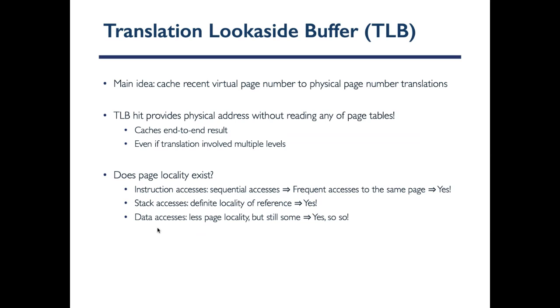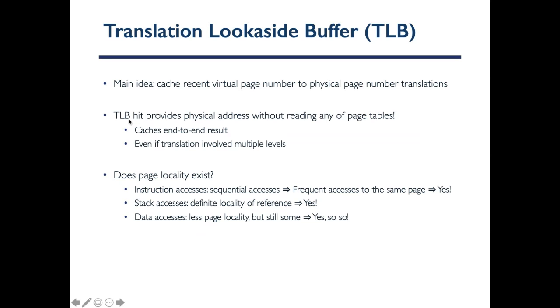So we're going to do this by using a hardware structure that we're going to call translation lookaside buffer. The abbreviation is TLB. A TLB is going to act like the caches that we've seen, and it's going to keep the recently translated addresses for us very close to the core.